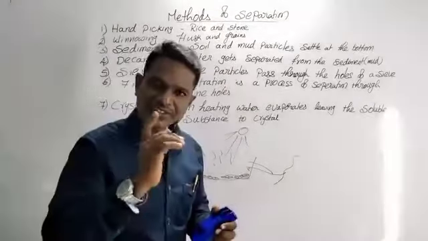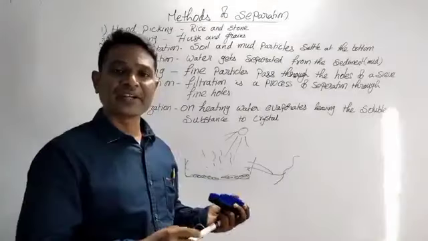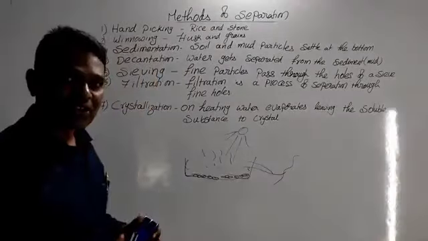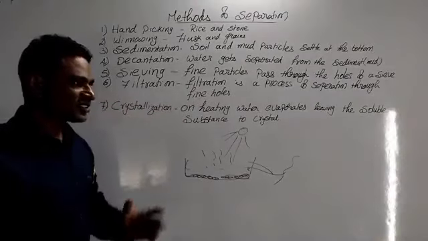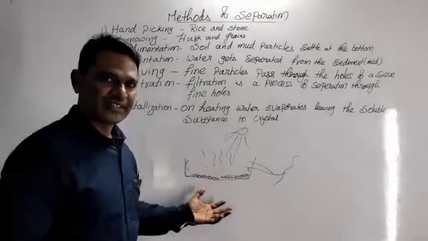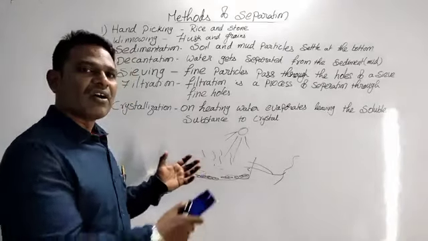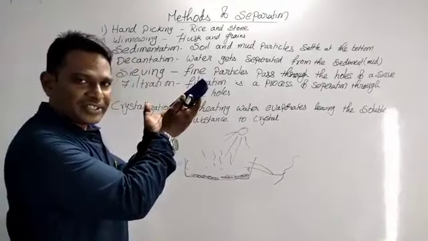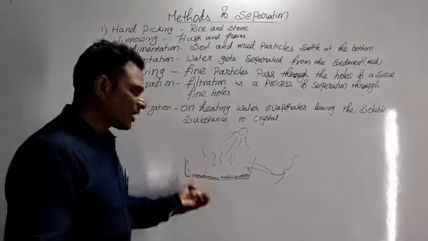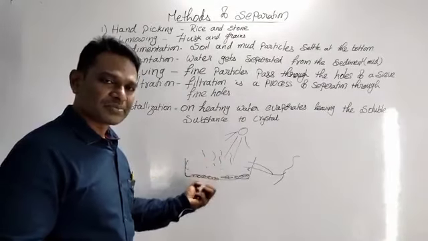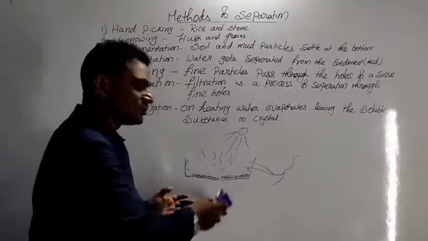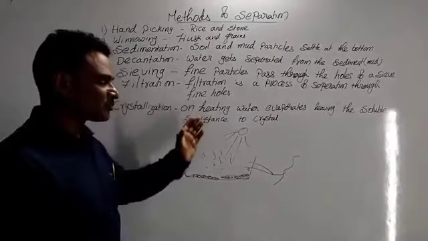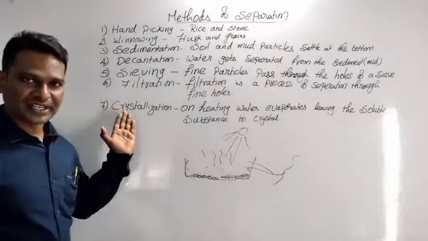So this is how the salt is made, and this process is called crystallization. So what is crystallization? On heating, the water gets evaporated, leaving behind the soluble or dissolved substances as crystals. This process is called crystallization.